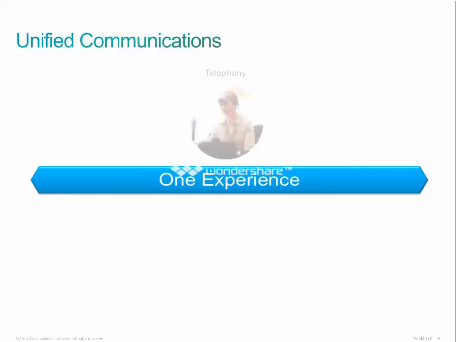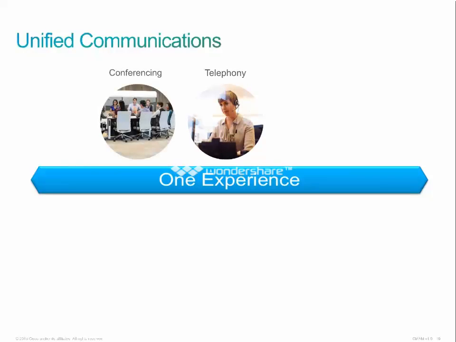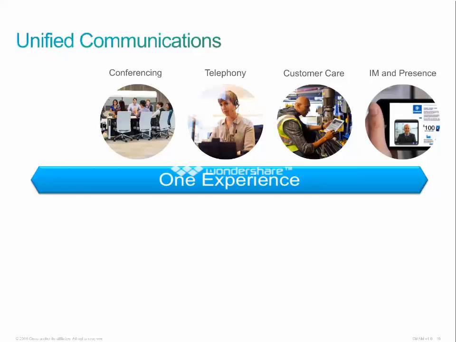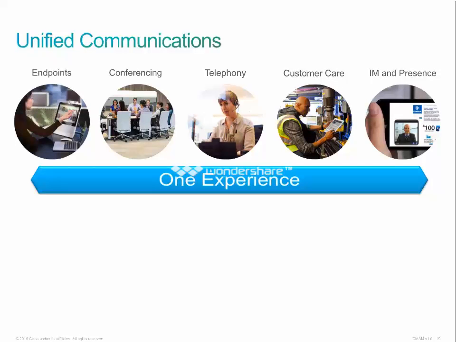The industry tends to interchange the terms unified communications and collaboration. Collaboration is more of a generic term describing various ways that people work together to reach a common goal. Unified communications is the integration of communication and collaboration tools into a single experience for users, encompassing telephony, web and video conferencing, customer care, instant messaging or IM, and presence, and the endpoints and clients on which these services are experienced.